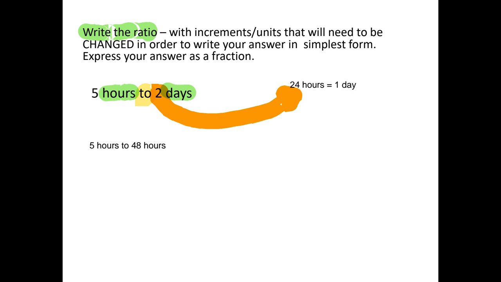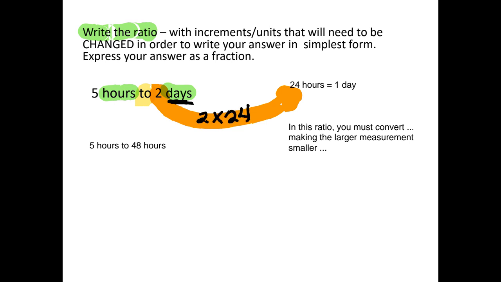In this ratio, you must convert, making the larger measurement smaller, which is why we took 2 days and multiplied by 24. This is how we got 48.